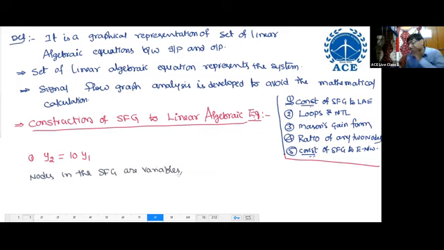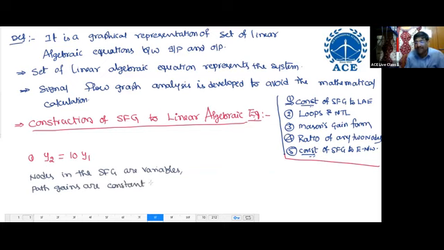Variables means like current, voltages. Path gains, like 10, 20, are constants. Path gains are constants.